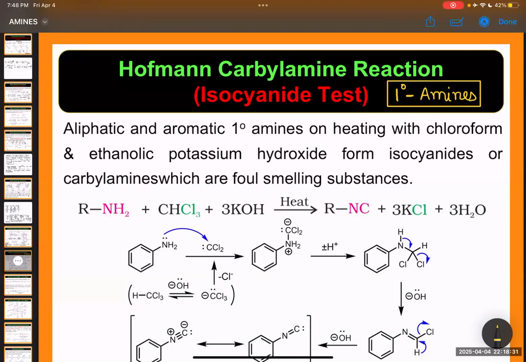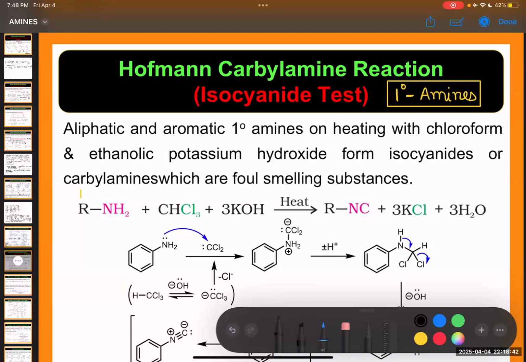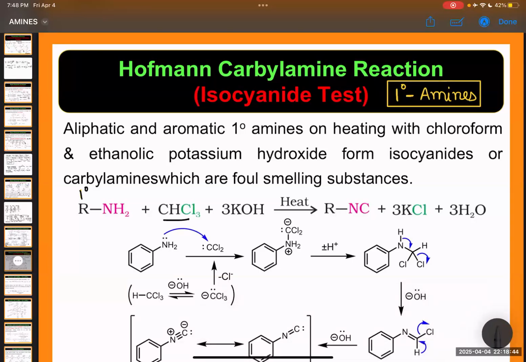First of all, the reagents are, you treat the primary amine with chloroform and base. You heat them, and in this chloroform and base, there are 3 HCl, you can see, they get removed, and this nitrogen and carbon get clubbed together to form NC, isocyanide.